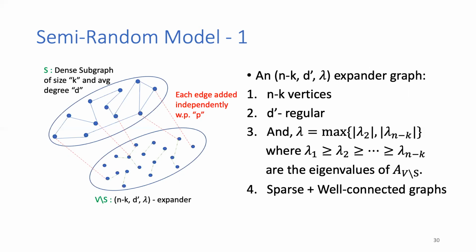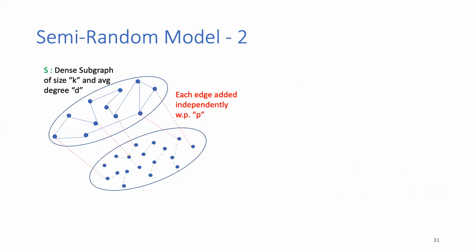Coming to the second semi-random model, it is constructed in a special way. This also falls in the intermediate category, where if you take any subgraph in V minus S, shown by this green colored boundary, its average degree is slightly smaller than d.